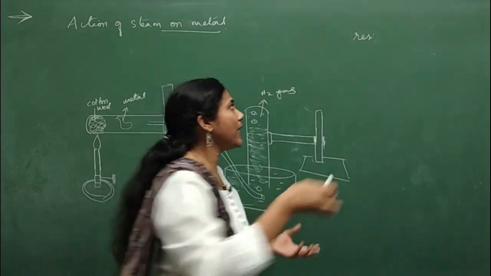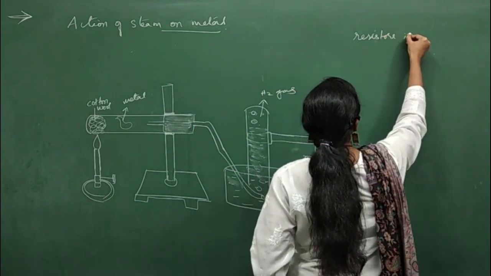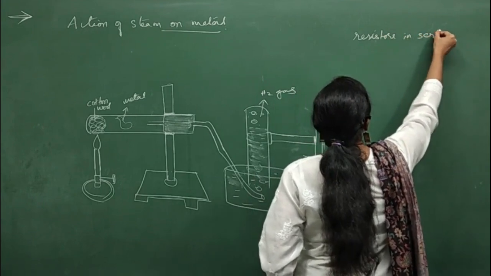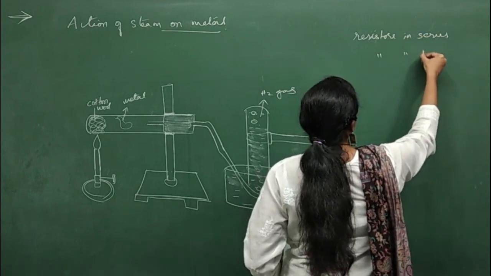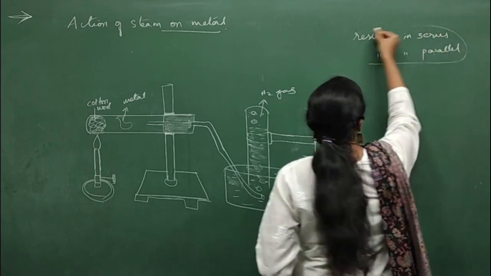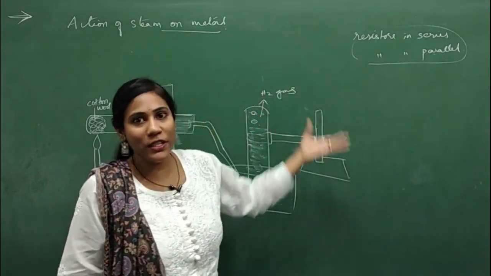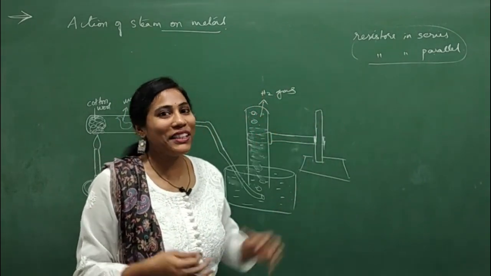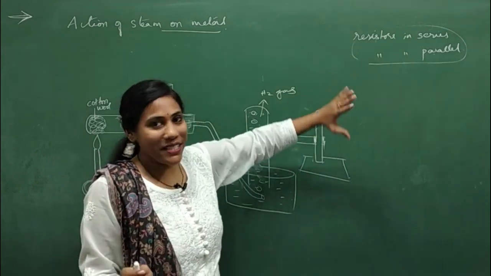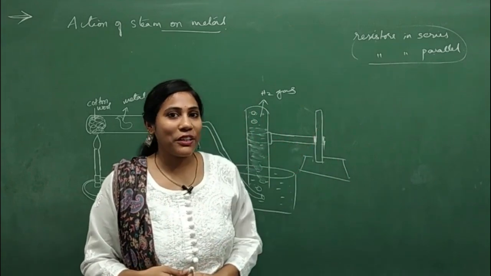They'll ask you a circuit diagram that contains resistors in series, or they'll ask you resistors in parallel. Okay, so these are the two important circuit diagrams you have to practice. They are not so difficult. I'm just giving the information that you have to look over those two circuit diagrams.